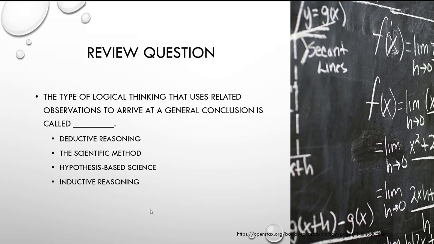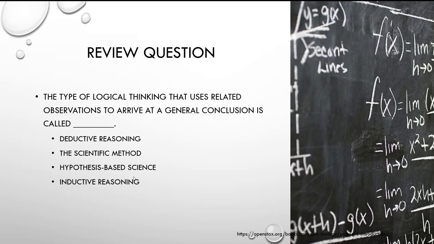Based on that understanding, let's see if we remember which one's which. The type of logical thinking that uses related observations to arrive at a general conclusion is called what: deductive reasoning, the scientific method, hypothesis-based science, or inductive reasoning? Which one was it when we have related observations arriving at a general conclusion?